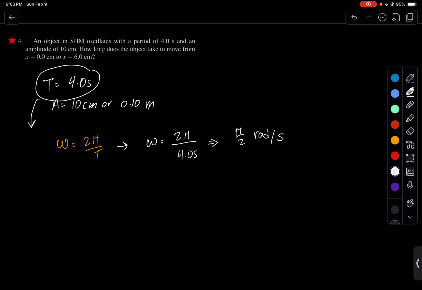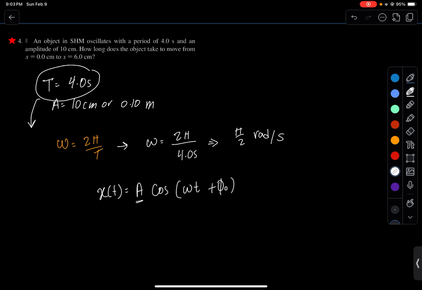Let's write our formula of position as a function of time: x of t equals amplitude times cosine of omega t plus phase constant. Why did I write this equation? Because we can already calculate a few of these variables.